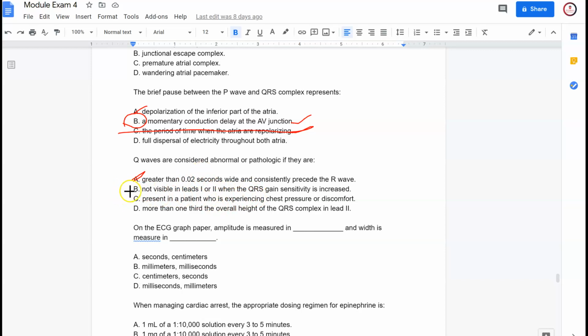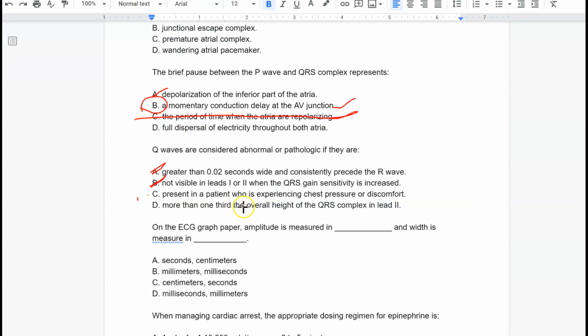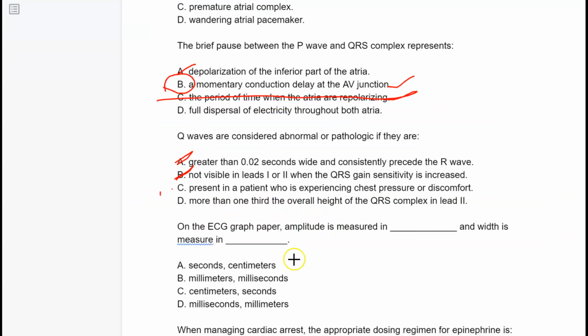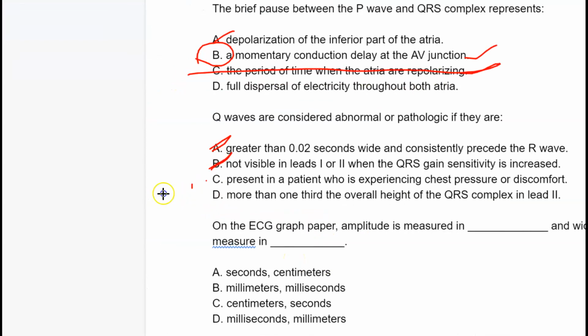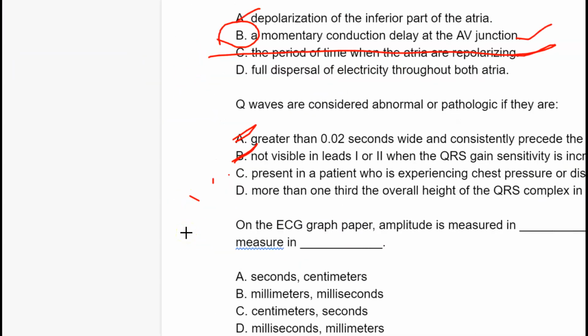I mean, if you have to go searching for them, then they're not abnormal. Present in the patient experiencing chest pain or discomfort. I mean, not a good thing, but not necessarily a bad thing. You haven't told me anything about what they look like. More than one-third the overall height of the QRS complex in lead 2. That's your answer. As we zoom over here, I don't know why we're zooming.